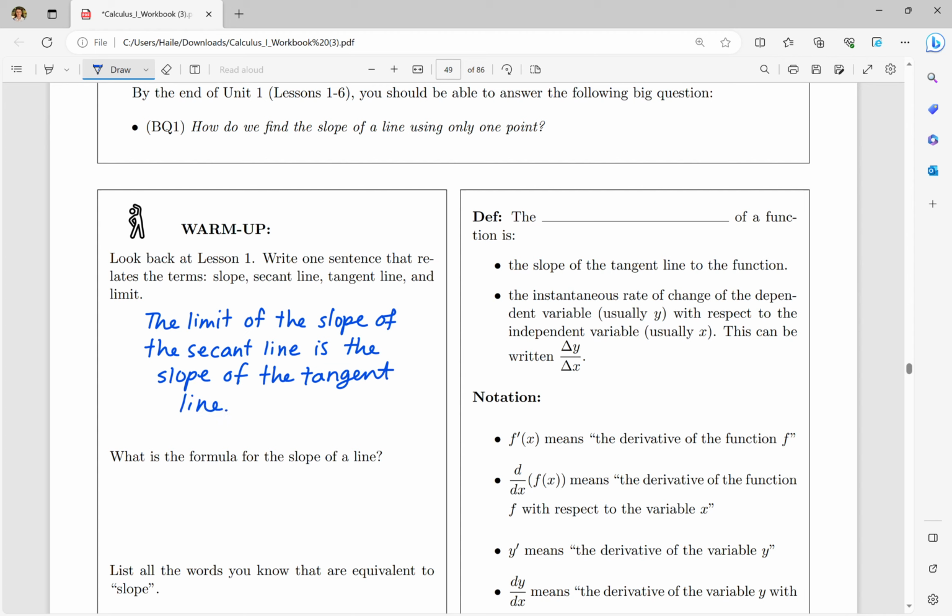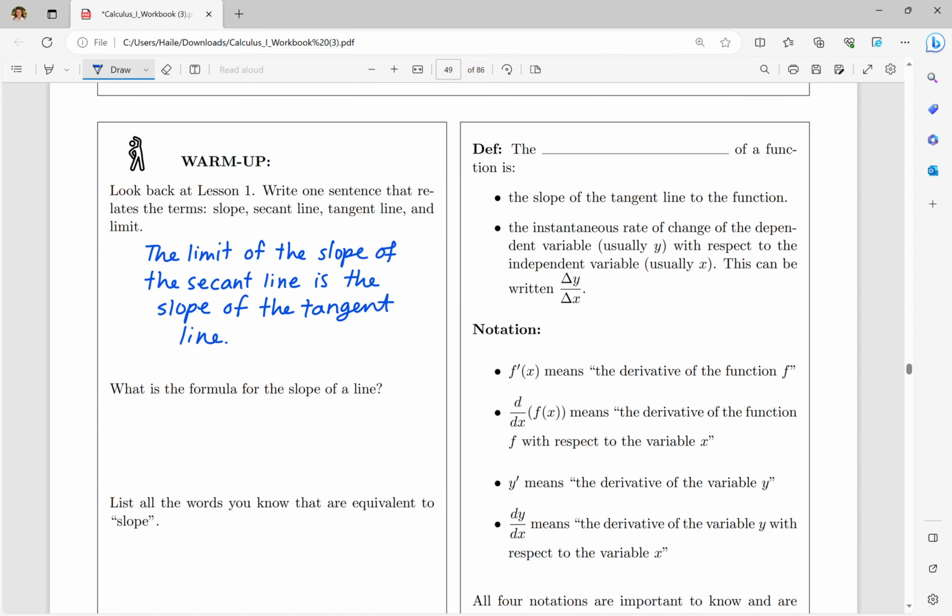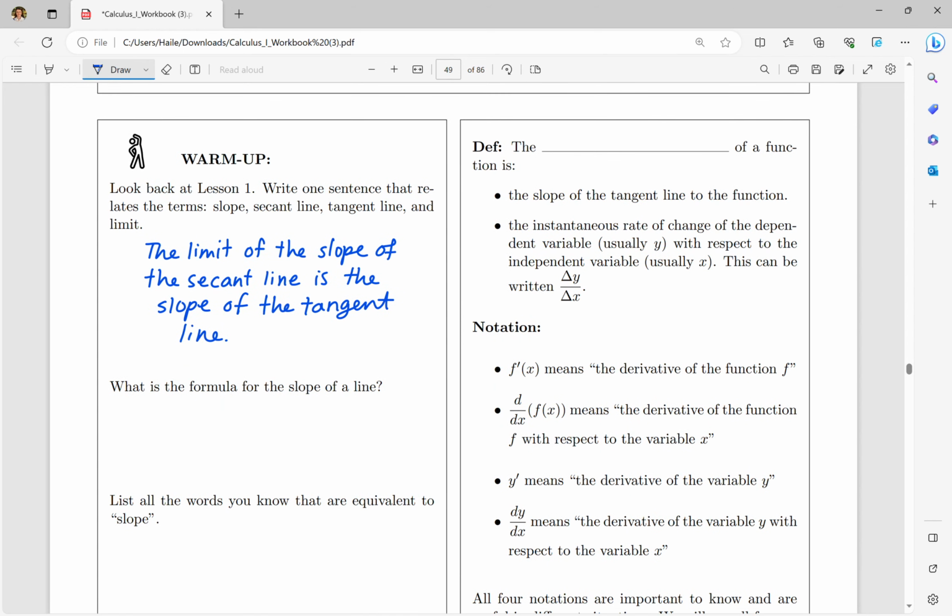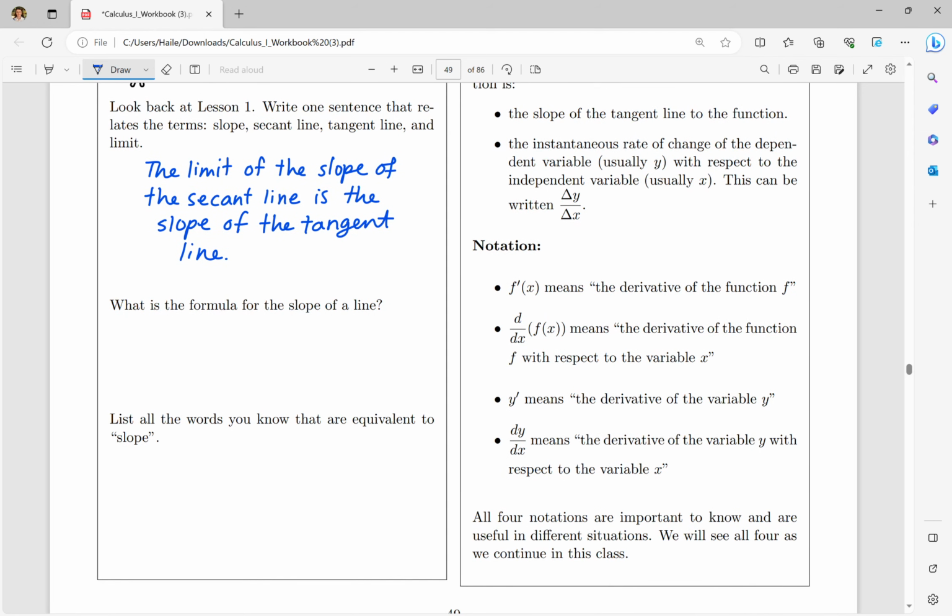Okay, so just to recap, remember in lesson 1 you did the limit tables and you did that with slopes of secant lines, and then we showed that we could estimate the slope of the tangent line based on those tables.